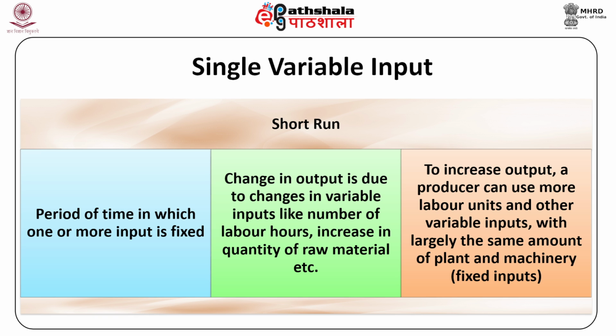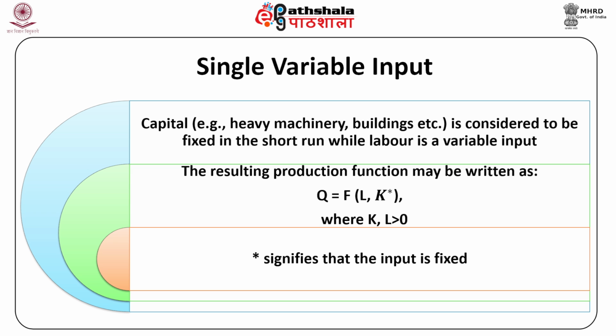He cannot quickly set up a new plant in order to increase production. That is a long-term decision. Therefore, capital, for example, heavy machinery, buildings, etc. is considered to be fixed in the short run, while labor is a variable input.